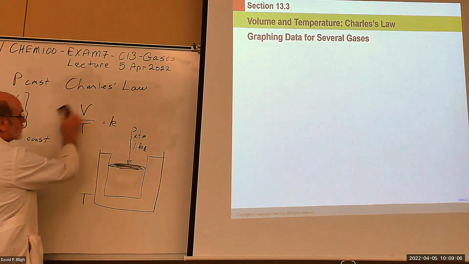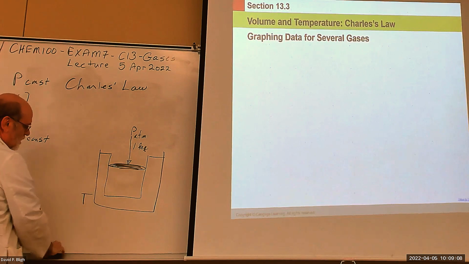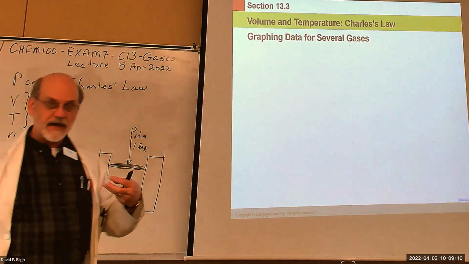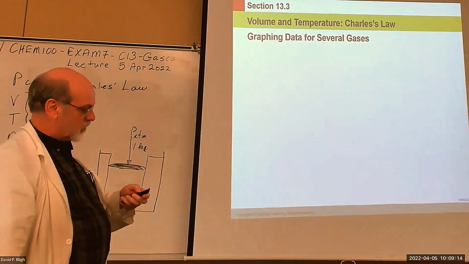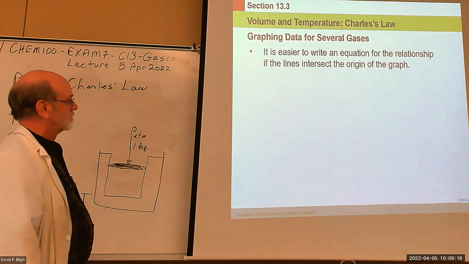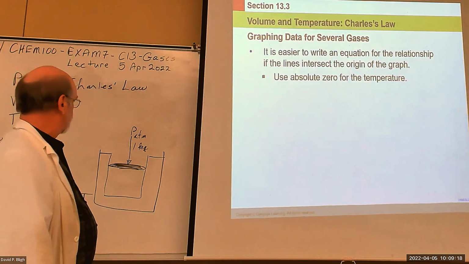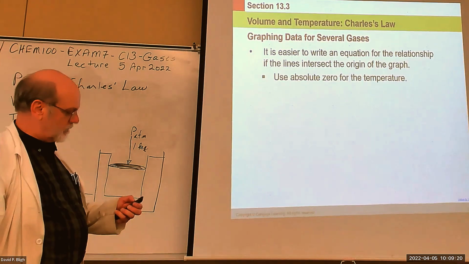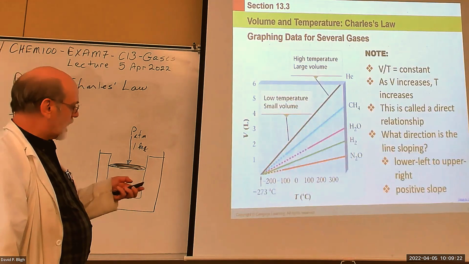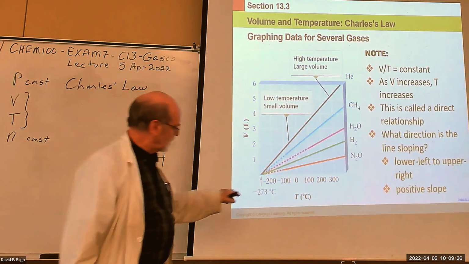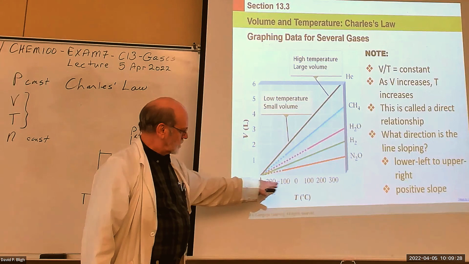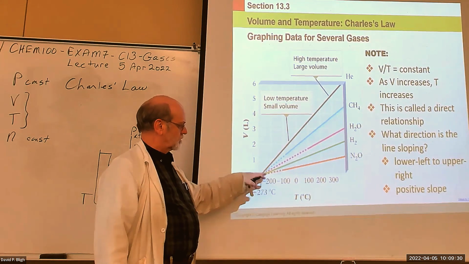Okay, so Charles also got a table of temperature and volume relationships, and he graphed them. And he got this graph right here. But notice that down here are negative numbers.